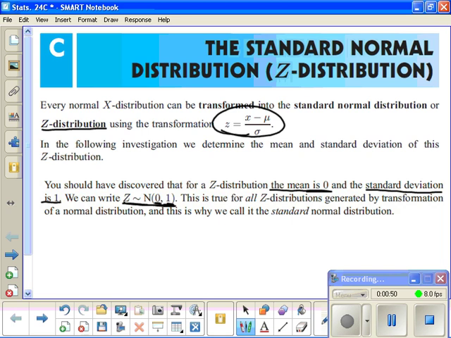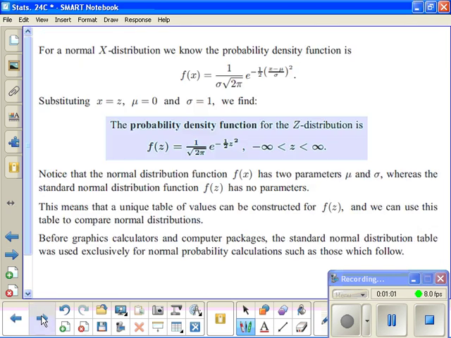There, we can compare any set of data to each other based on a z distribution or a standard normal distribution. And we can do that by substituting z in for x. Remember, this is our probability density function.